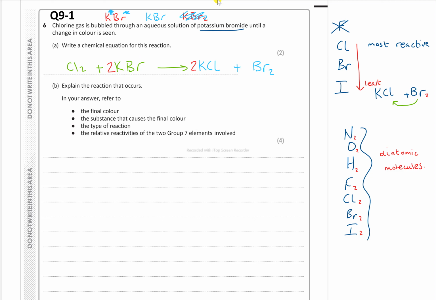Right, explain the reaction that occurs. In your answer, refer to the final color, what causes the final color, the type of reaction, and relative reactivities of the two. Right. This is now in the solution because aqueous just means it's dissolved in water. So you put AQ.